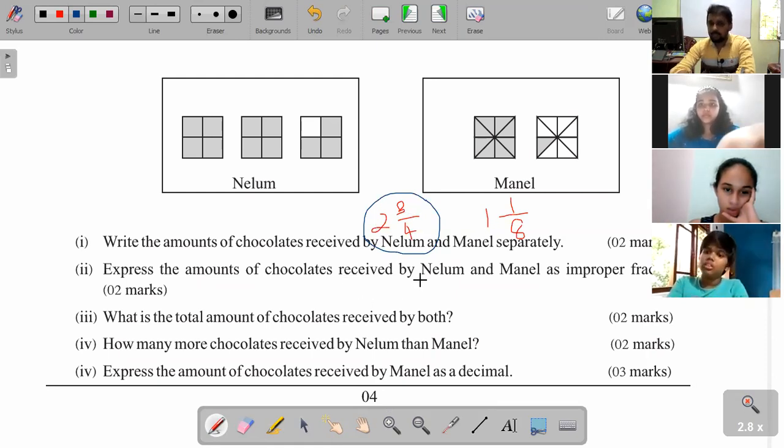So Nelum received 11 over 4. Manil received 1 times 8, 8 plus 1, 9. 9 over 8.